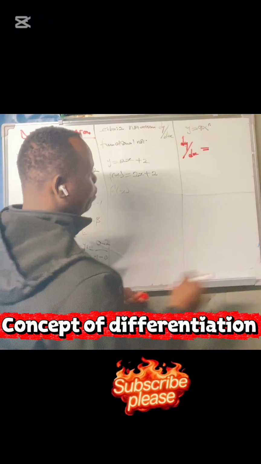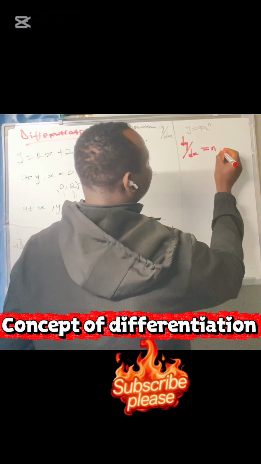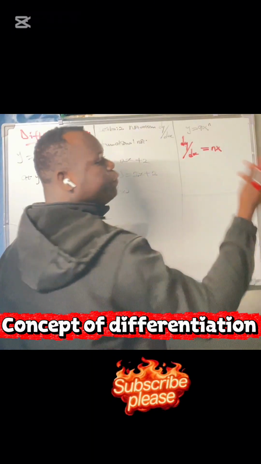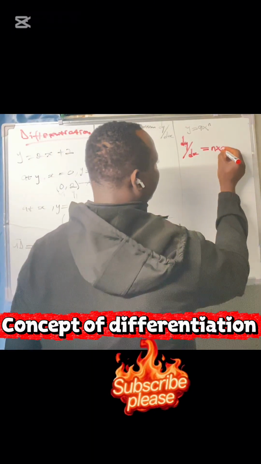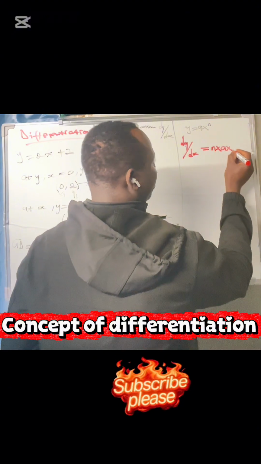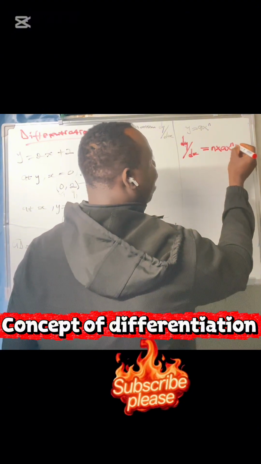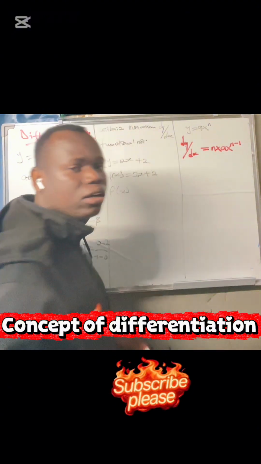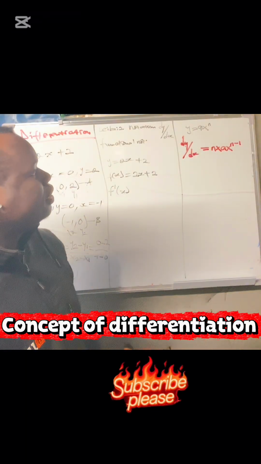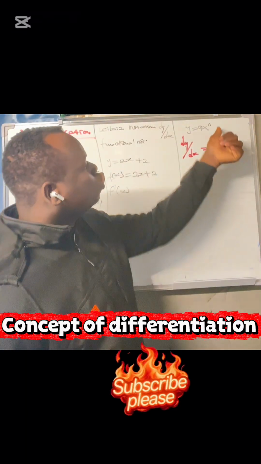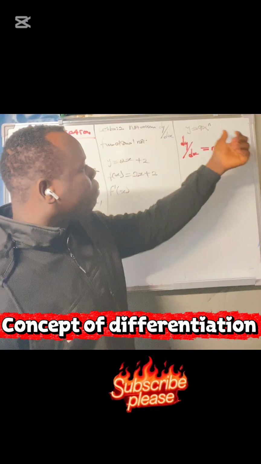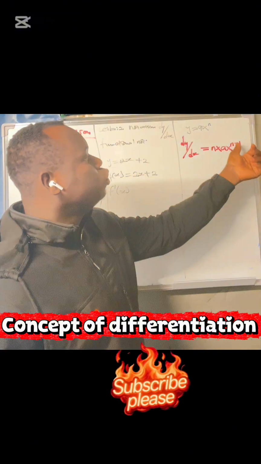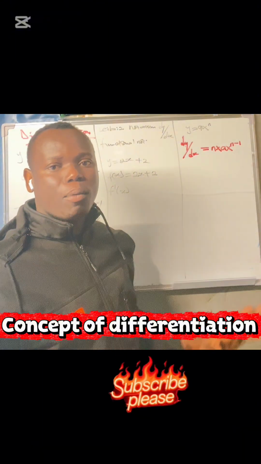So I'll get my n, and you multiply it by the coefficient of x, a, and you write your x back. Now write the power back and subtract 1 from the power. I said the first thing you do is drop the power, multiply it by the coefficient, then write your power back and subtract 1 from the power.